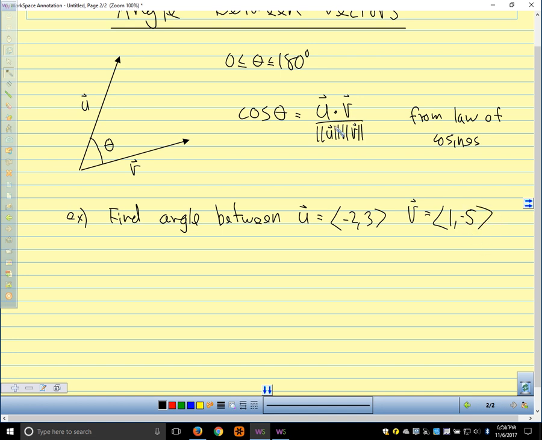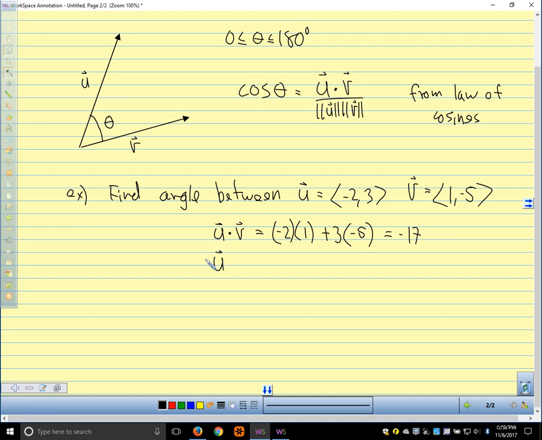I'm going to use this formula. So u dot v is easy to find. U dot v is -2 times 1 plus 3 times -5, which equals -15 minus 2, -17.